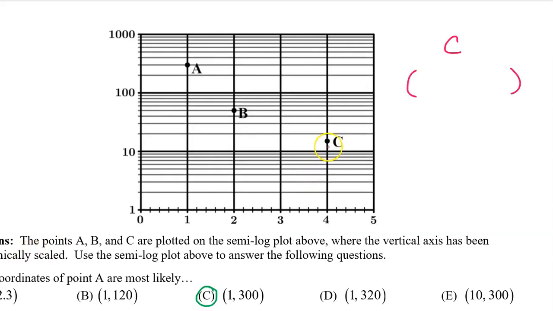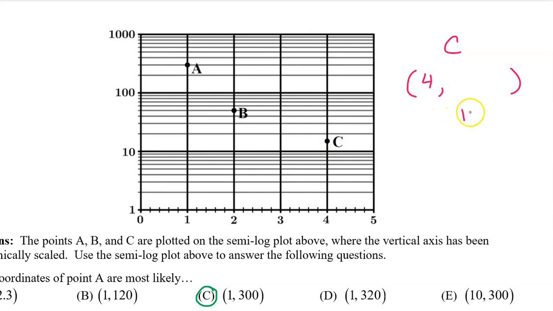Consider point C. It is at 4 on the horizontal, so we know it will be 4 comma something. C is after 10, so we must begin counting by tens. The bold line is 10. The next number is 20. So the y value is something between 10 and 20.